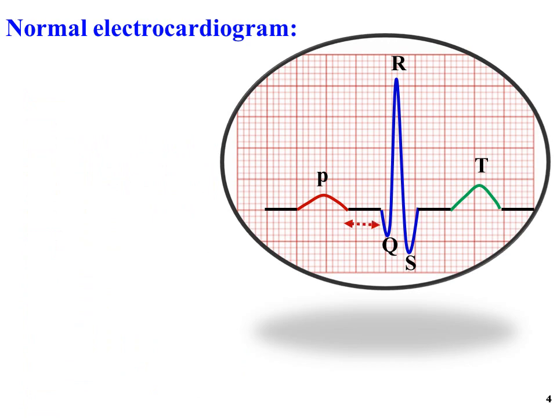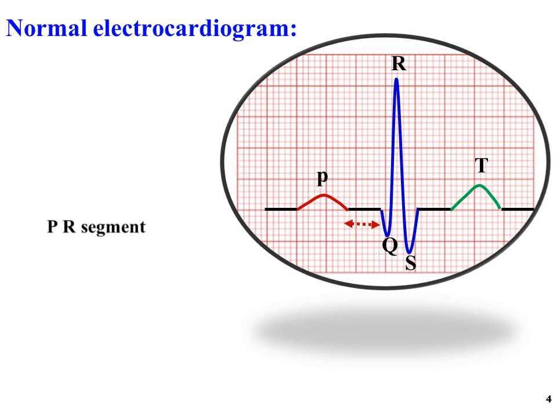Now we will study the intervals and segments. First one is the PR segment. When we say segment, it is from the end of a wave to the beginning of the next wave.